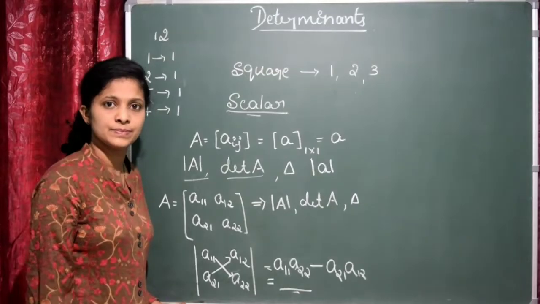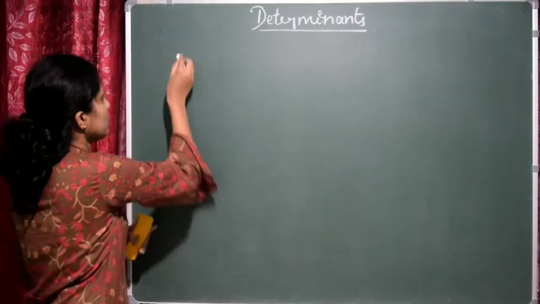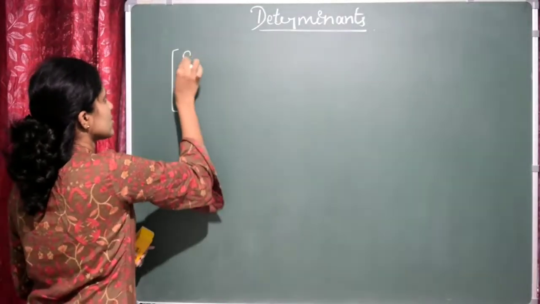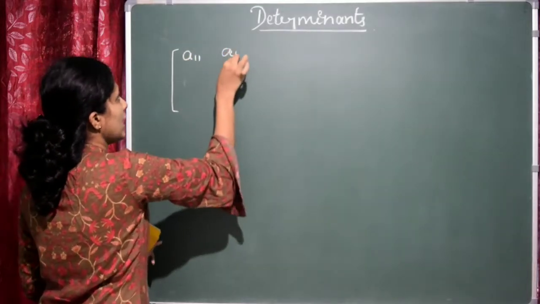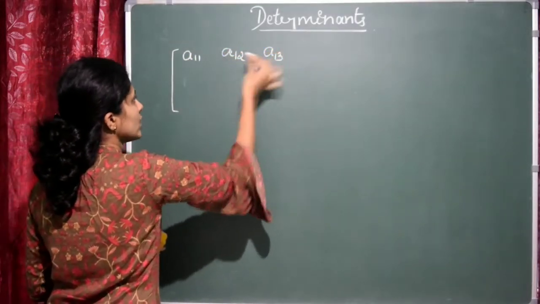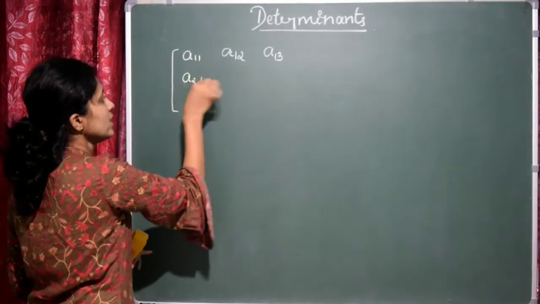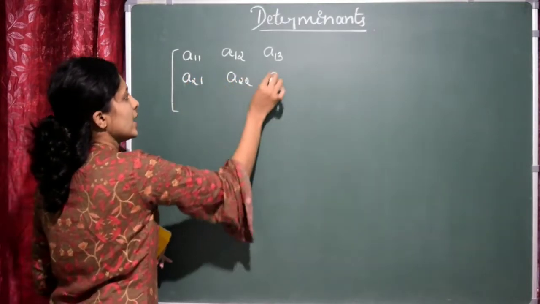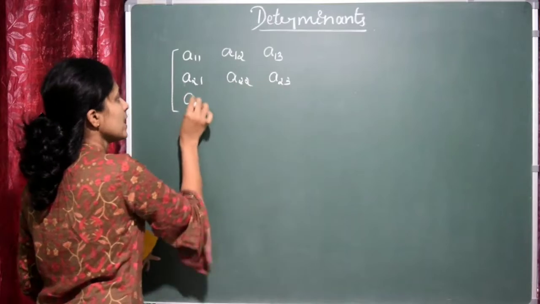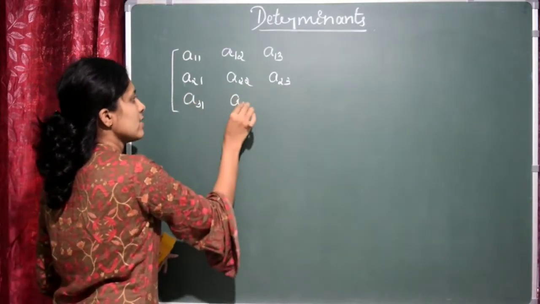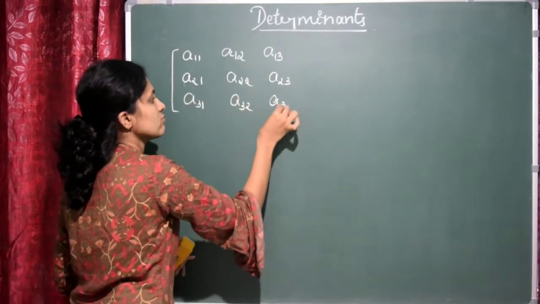Is it clear? Now we will see the determinant of a 3 by 3 matrix. I will consider the matrix in general: A11, A12, A13, then A21, A22, A23, and next A31, A32 and A33.